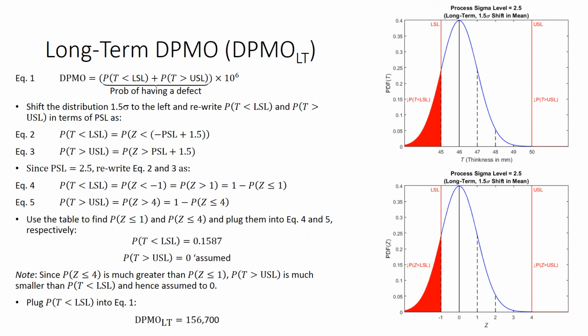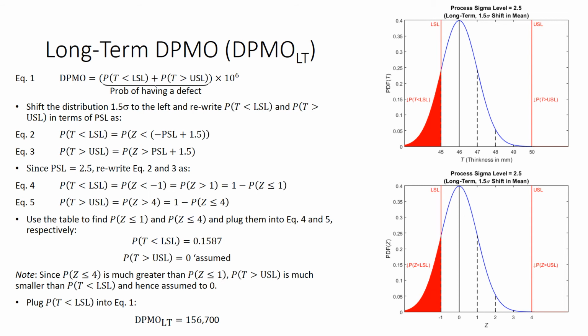To compute long-term DPMO, first we have to shift the mean of the distribution. As you can see from the figure, the mean of the distribution has been shifted by 1.5 sigmas to the left. We'll use our familiar formula, probability of having a defect multiplied by a million.